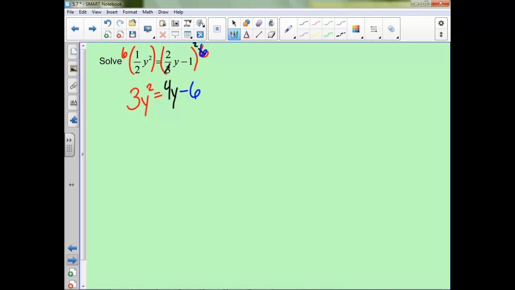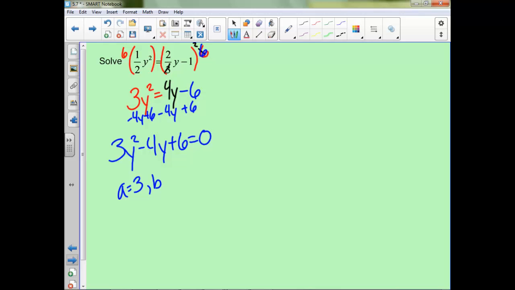And now, once again, we have to get everything on the same side. So let's subtract our 4y and add our 6. So I'll have 3y squared minus 4y plus 6 equals 0. Our a is 3, our b is -4, our c is 6.